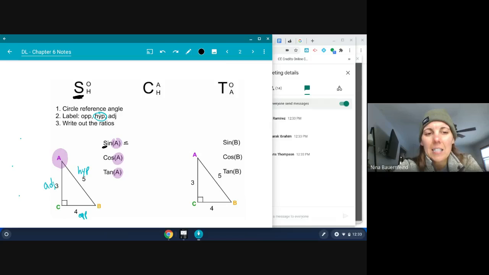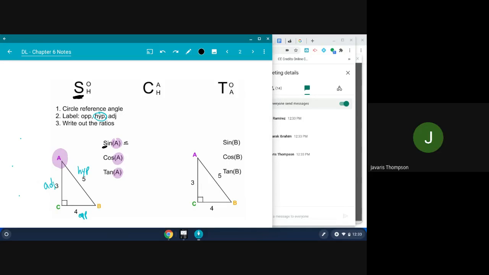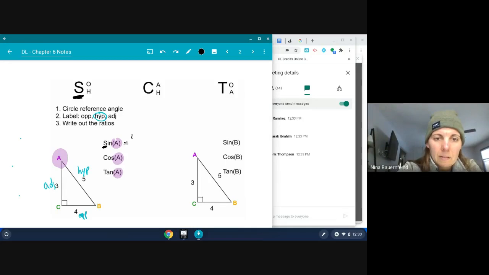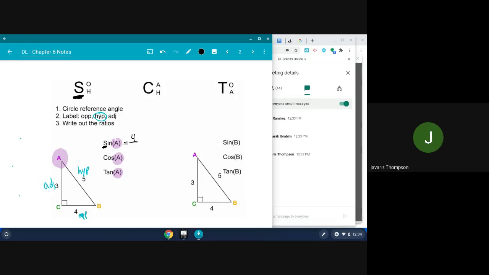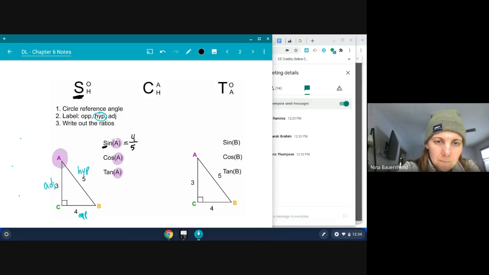What side is labeled opposite? 3. Ooh, look again. 4. You got it. And then that's divided by H. Which one is labeled hypotenuse? That's H for hypotenuse. 5. You got it. 4/5. All right.